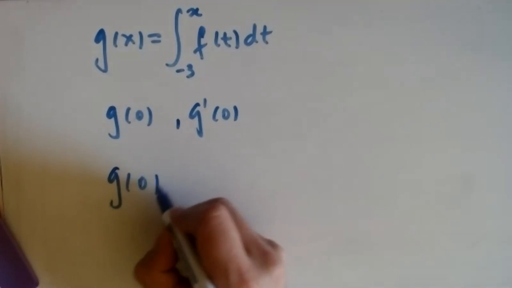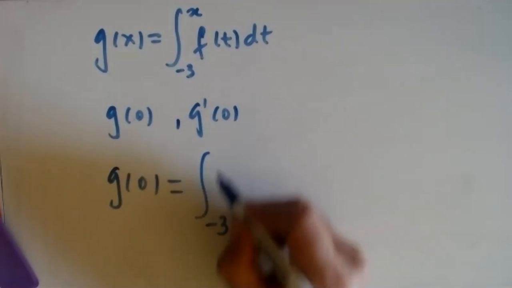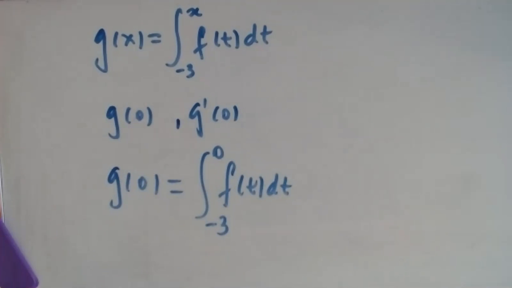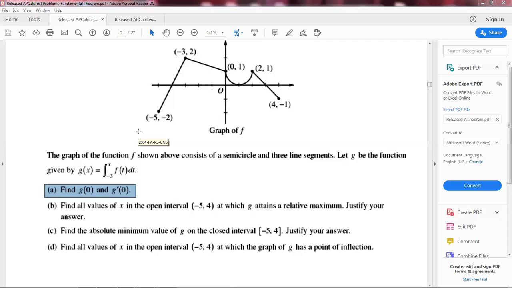So g of 0 is the integral from negative 3 to 0, f(t) dt, right? That is the first one, and I have to compute it. So I have to go to the graph and find the area between negative 3 and 0.